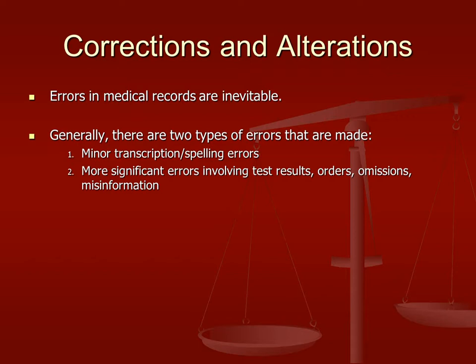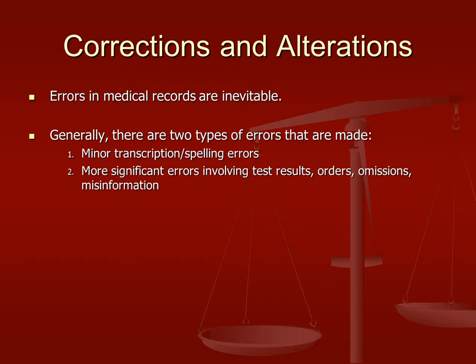For example, a patient's name on a discharge summary was not spelled correctly. If it was Smith, S-M-I-T-H, maybe it was supposed to be S-M-Y-T-H-E, Smythe, or the patient's first name was not spelled correctly. That's a minor error, as far as a transcription or spelling error.